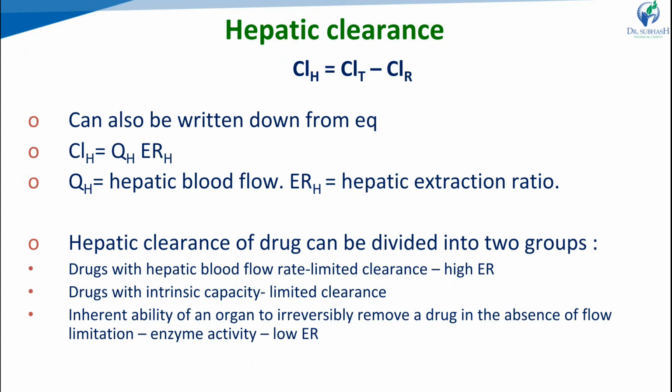It depends on enzyme activity, with low ER value and elimination primarily by metabolism, so it is greatly affected by changes in enzyme activity. So that is capacity limited. Hepatic clearance of a drug with low ER is independent of blood flow, but sensitive to changes in protein binding and enzyme activity.